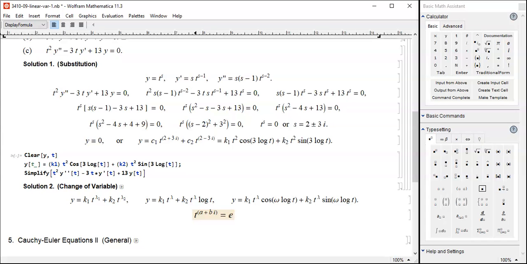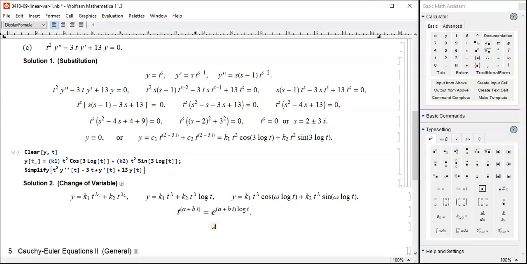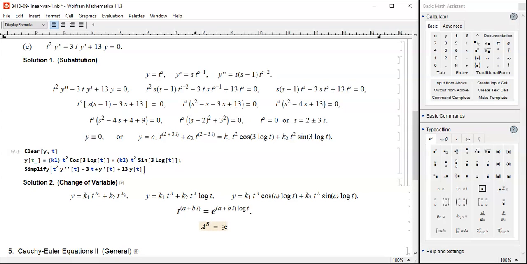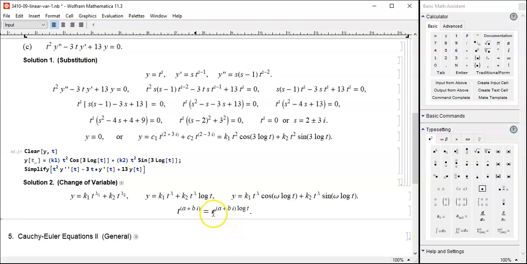Whatever power that was there before, a plus b i, times log of t. In general, if you have a to the b power, it's exponential of b log of a. I'm using this formula here. And then what about this a plus bi thingy? That's sine and cosine.